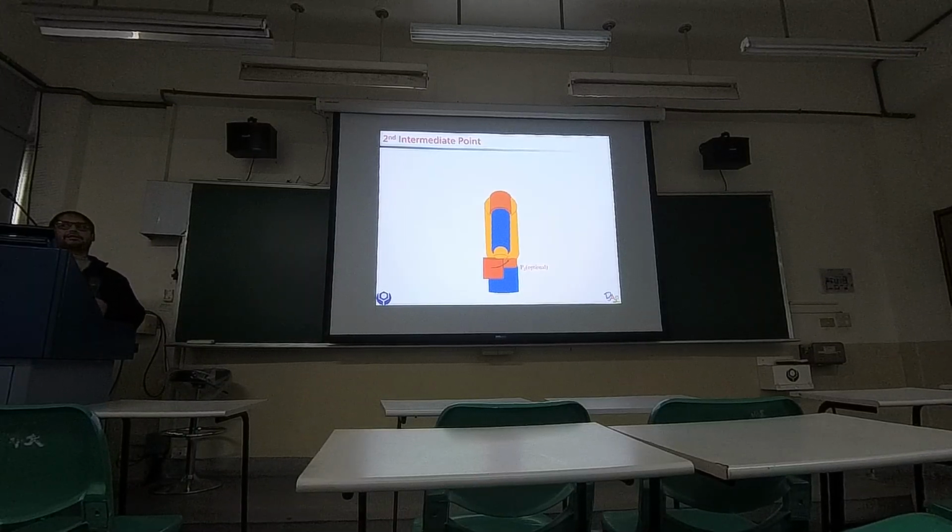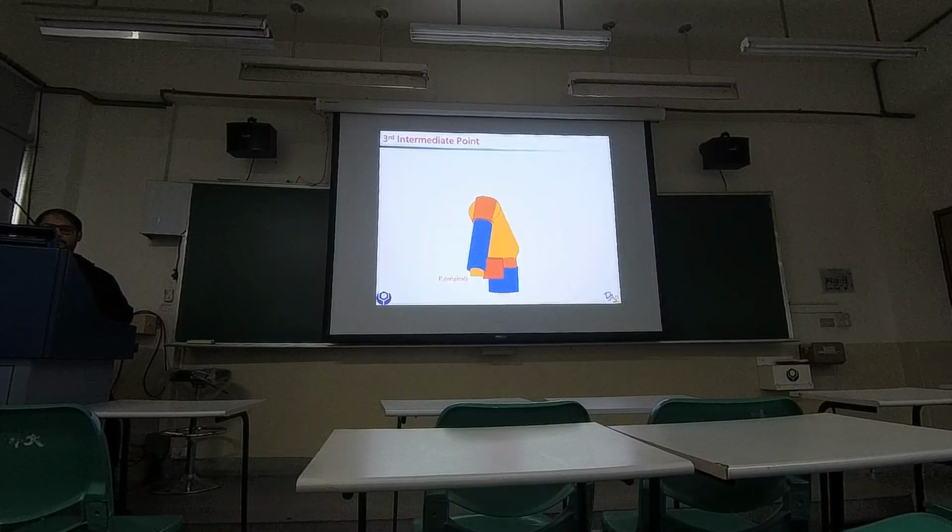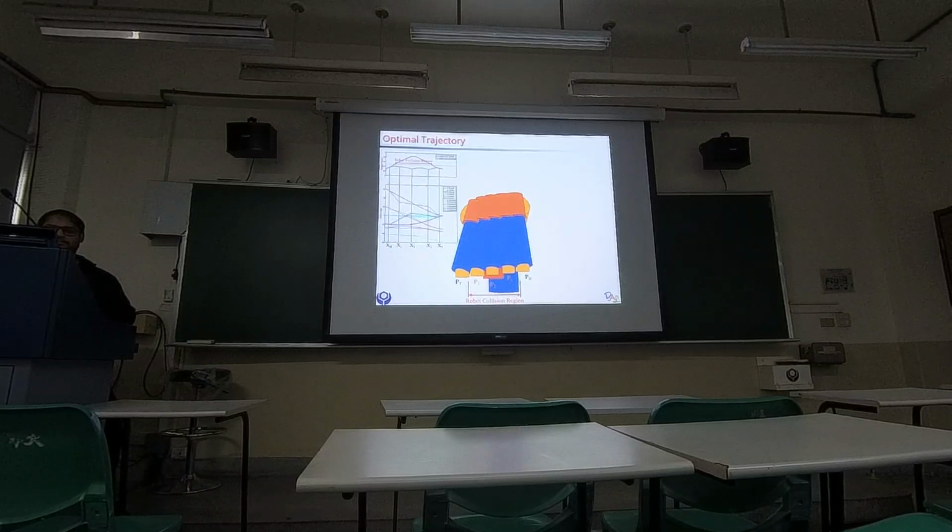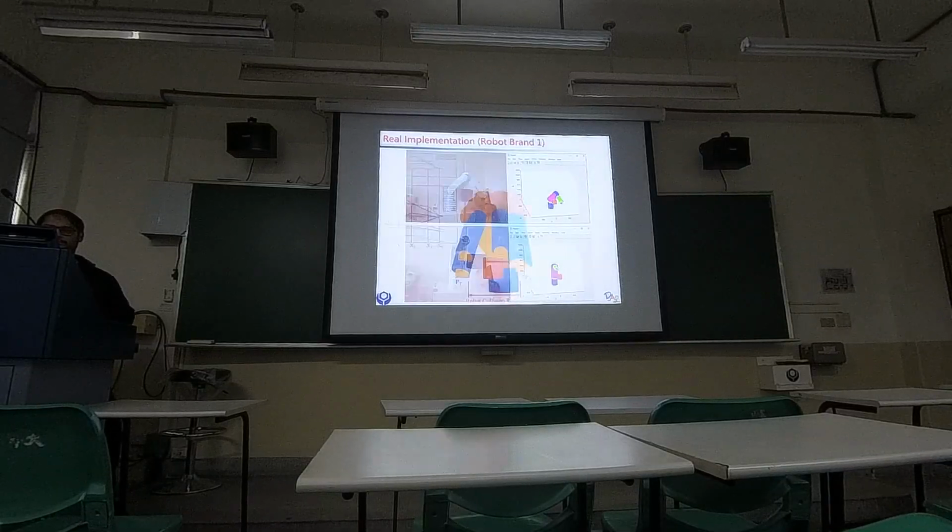So we iterated for more danger factors and found that 0.4 is the allowable danger factor. This way you can get the third optimal point. So this was the initial robot collision region, and this was the new trajectory plan on that region.